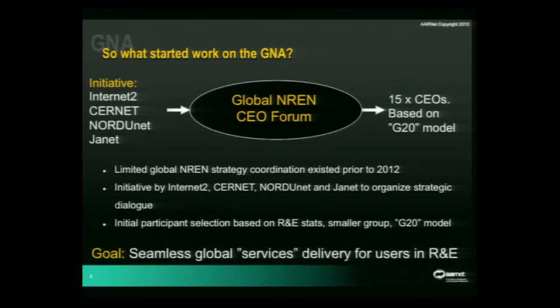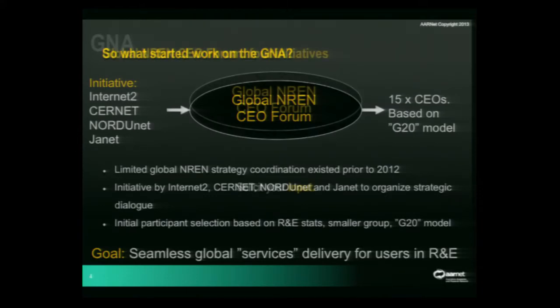I guess sharing resources, because at one level we're all doing the same thing, and maybe pulling together our weight as a larger group when it comes to negotiating with vendors and suchlike. So there's the goal: seamless global services delivery for users in R&E. The aim is for us to better serve our users, so the universities, the schools, and so on.